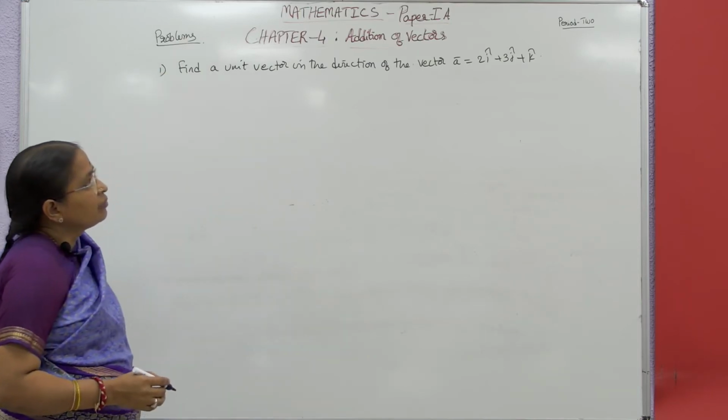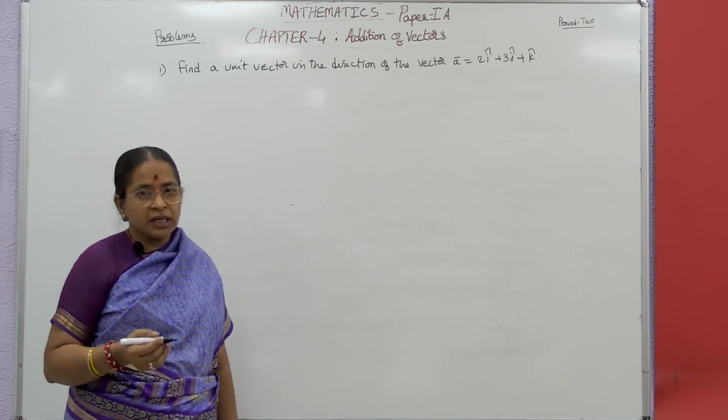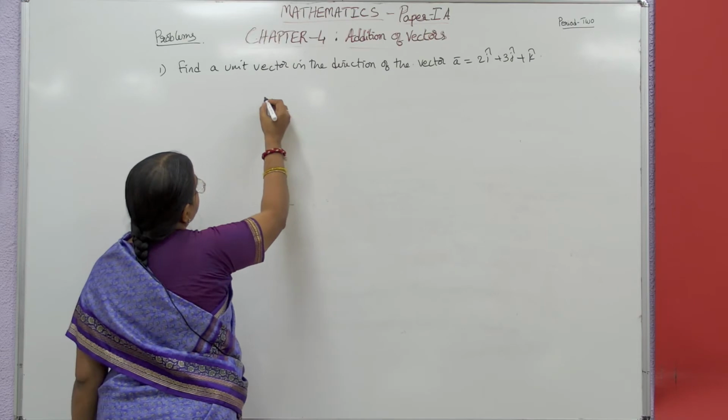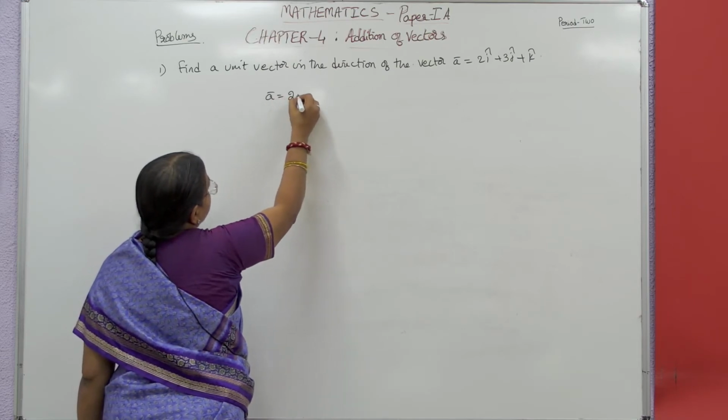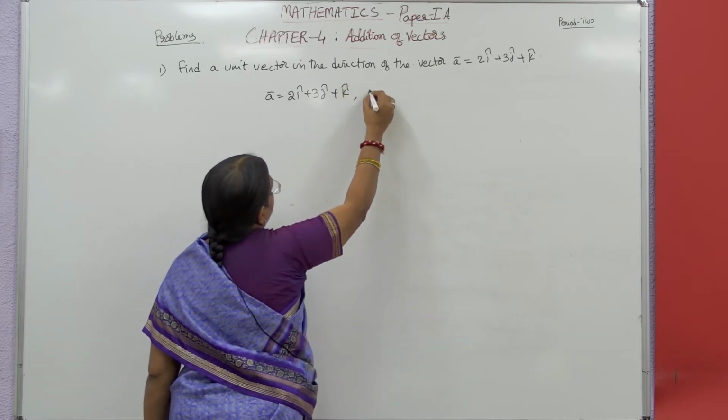As you already know, the unit vector in the direction of A is A cap is equal to A by mod A. So you have A equal to 2i plus 3j plus k. Now we'll find mod A.